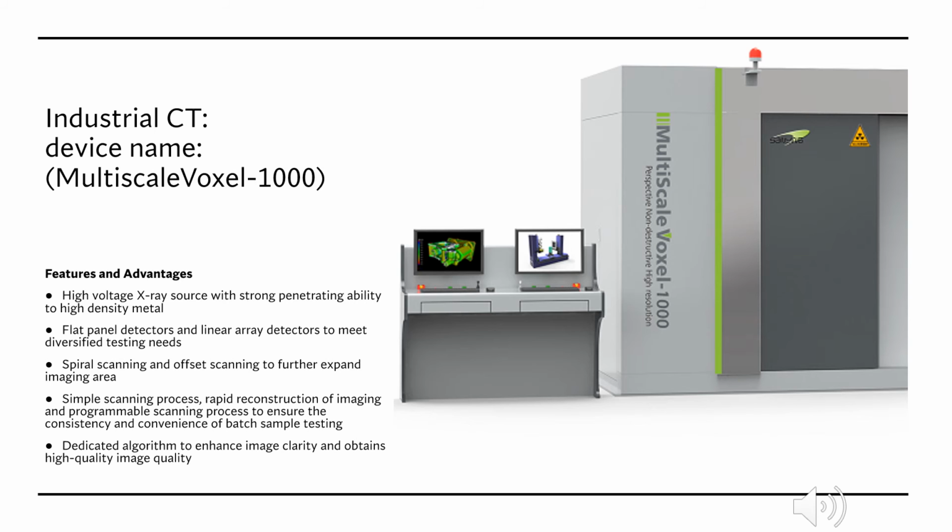It has spiral scanning and offset scanning to further expand the imaging area, a simple scanning process, rapid reconstruction of imaging, and a programmable scanning process to ensure the consistency and convenience of batch sample testing. A detection algorithm enhances imaging clarity and obtains high quality imaging.